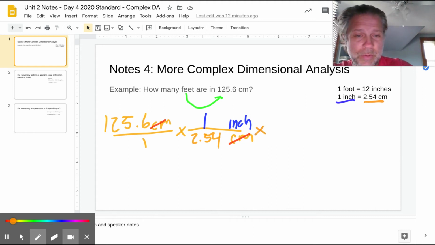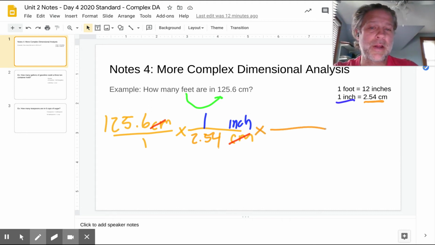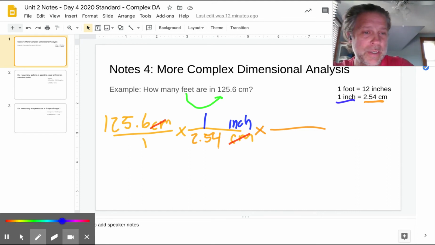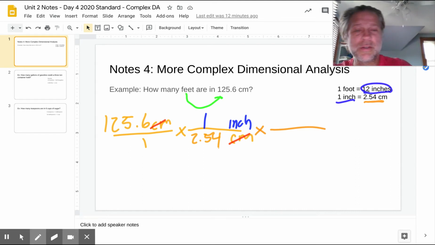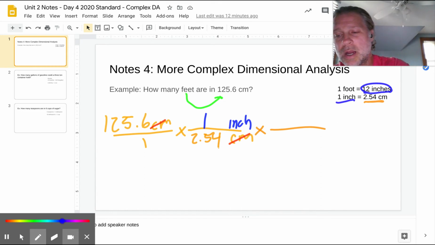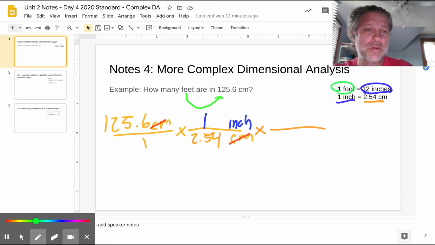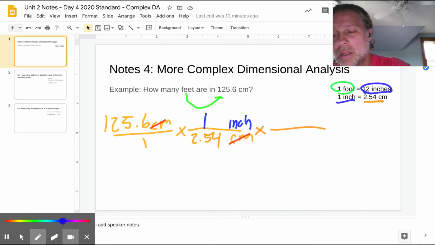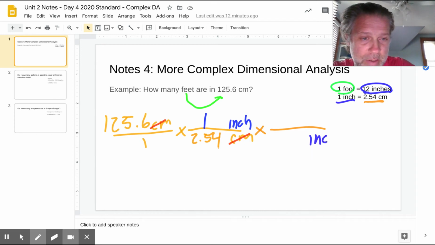So we are going to go one step further and convert from inches to feet. The relationship between inches and feet is that in 1 foot, there are 12 inches. So again, I'm going to put inches, the unit I'm trying to get rid of, on the bottom.